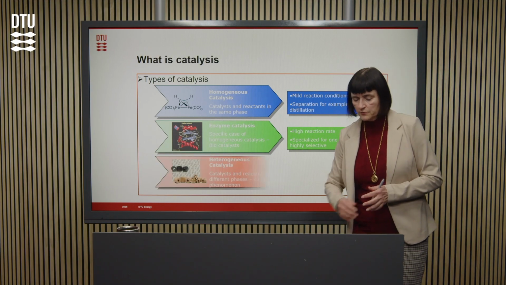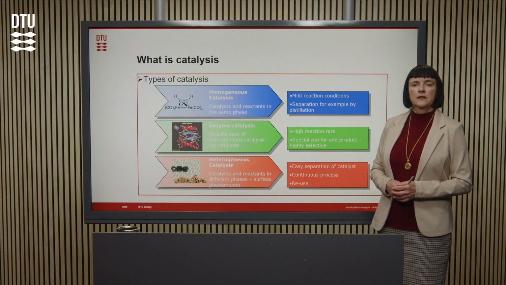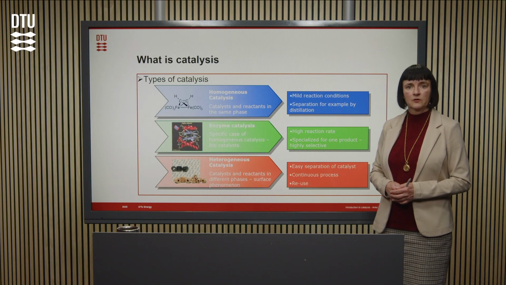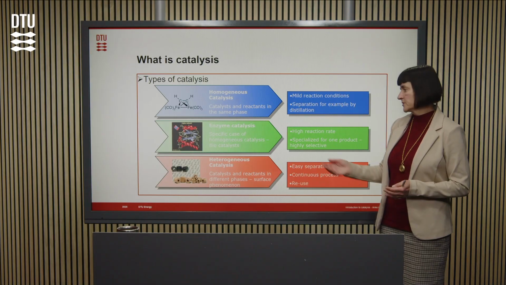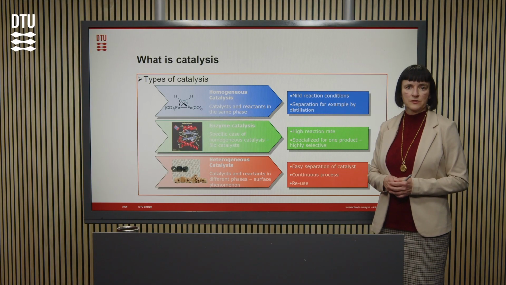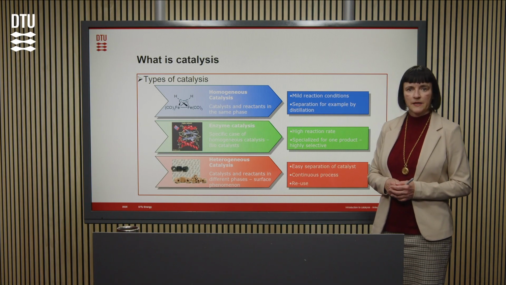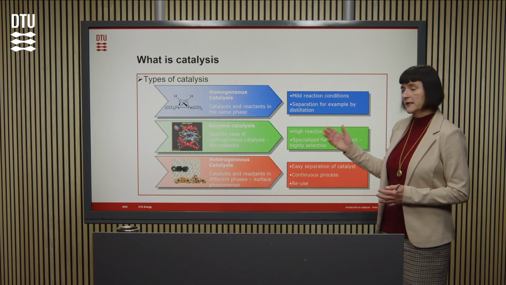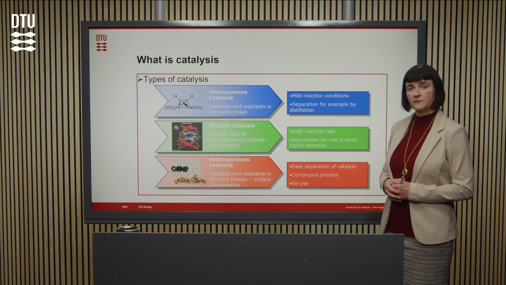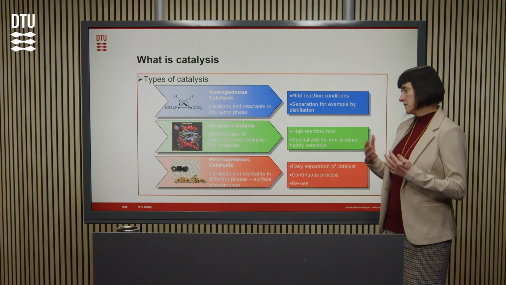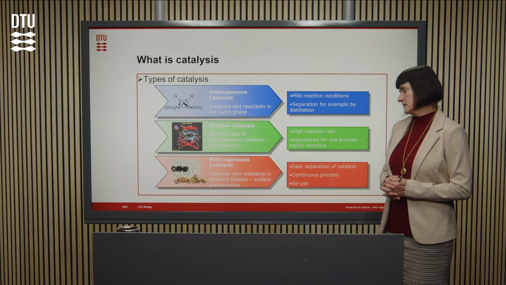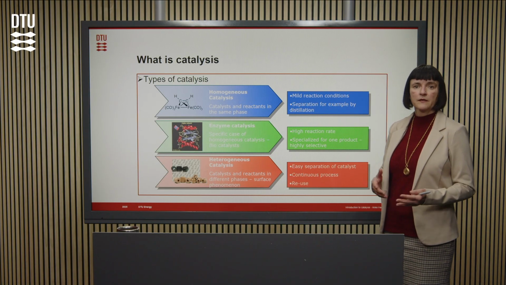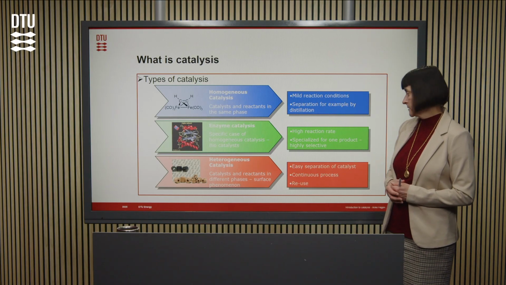And the third category is heterogeneous catalysis. More than 80% of the industrial catalysis is actually in this category. The main feature is that catalyst and reactants are in different phases. What is most often the case is that the catalyst is a solid and your reactants are in the gas phase.